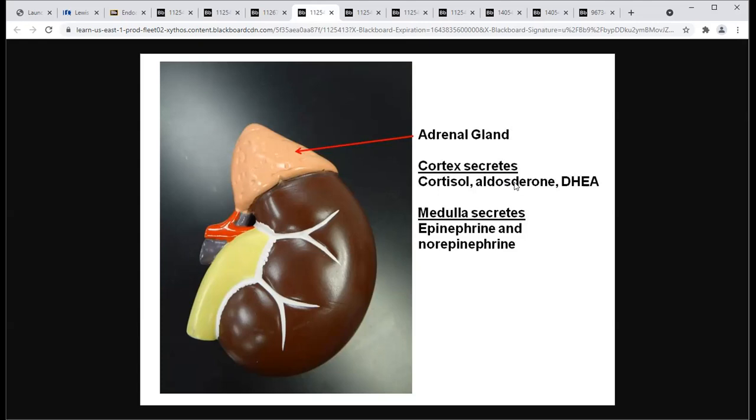In other words, aldosterone stimulates absorption of sodium into blood. So if we have a sodium deficit in our blood, aldosterone can reclaim sodium from forming urine and make up that sodium deficit.